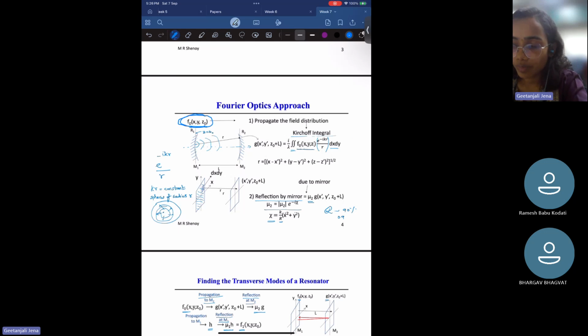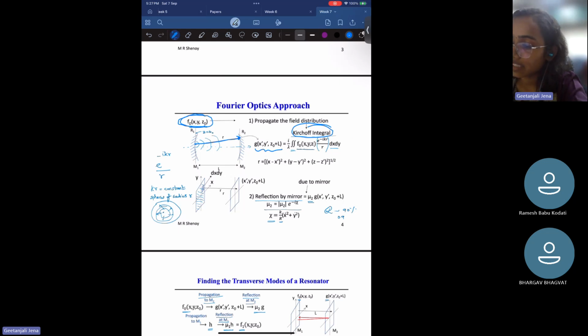Now when the field propagates, it will propagate to the second mirror, right? So when the field reaches there, what is the field distribution? How can you calculate it? So we take the Kirchhoff integral to calculate the value of the field at the second mirror when it started with F0 of X, Y, Z0. So this field is given by G of X prime, Y prime, Z0 plus L.